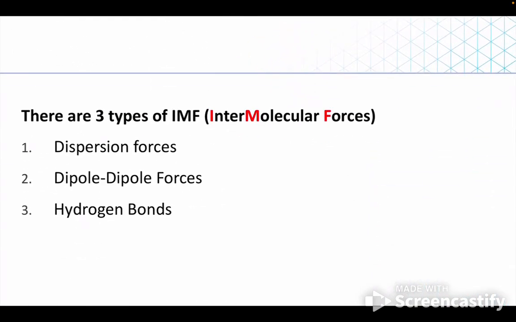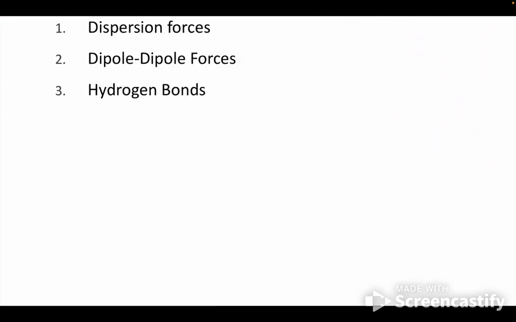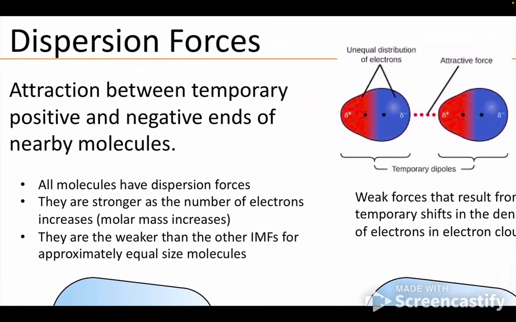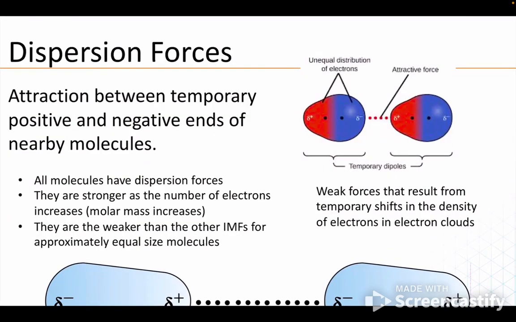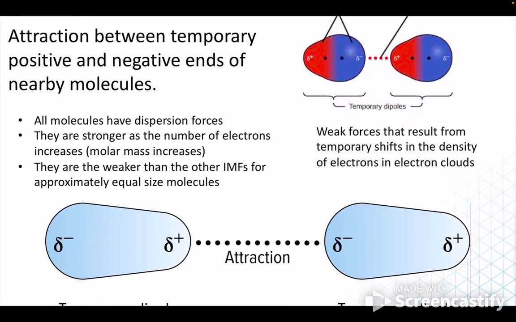So there are 3 types of intermolecular forces. We call them IMFs. First one is dispersion forces, second is dipole-dipole, and the third one is hydrogen bonds. Dispersion forces are when every molecule has this. At any given point, just by chance, there could be more electrons on one end than the other.